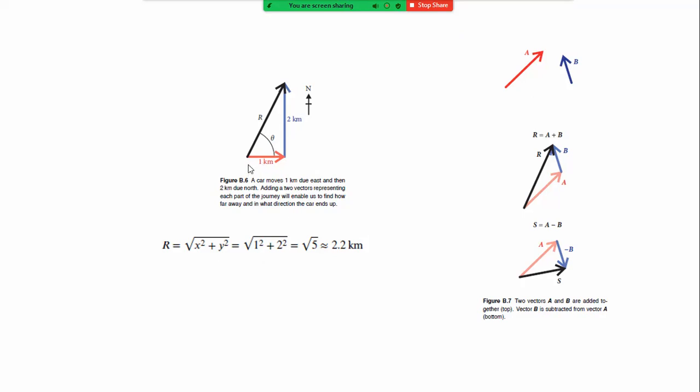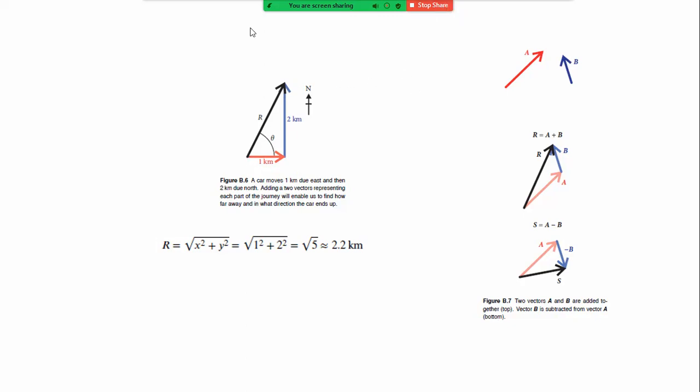So say there's a car moving 1 kilometer this way and then 2 kilometers this way, and then you want to find his total displacement.